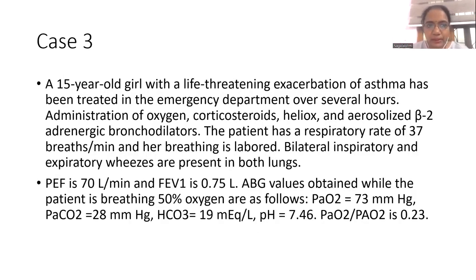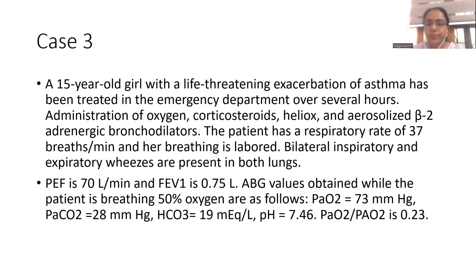So now the third case is a 15-year-old girl with a life-threatening exacerbation of asthma who has been treated in the emergency department with oxygen, corticosteroids, Heliox, and beta-2 adrenergic bronchodilators. She has a respiratory rate of 37 breaths per minute, and her breathing was labored. Bilateral inspiratory and expiratory wheezes were present in both lungs, and the peak expiratory flow is 70 liters per minute, and FEV1 was 0.75 liters.